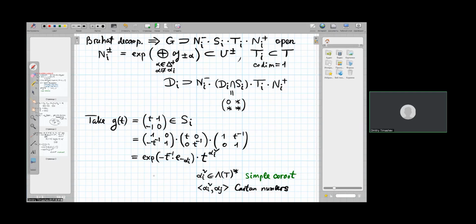What are simple roots, simple co-roots? Well, this notation, t to the alpha I check, is not alpha I acting on t. This notation we have already used. If t is a multiplicative parameter, and we have some vector in the dual character lattice, then there is a well-defined multiplicative one-parameter subgroup corresponding to this co-character.